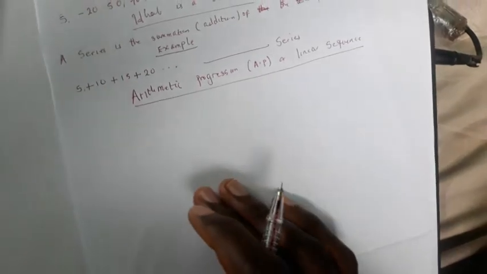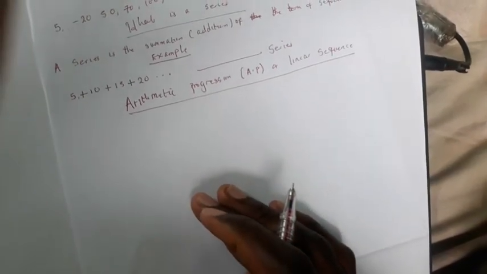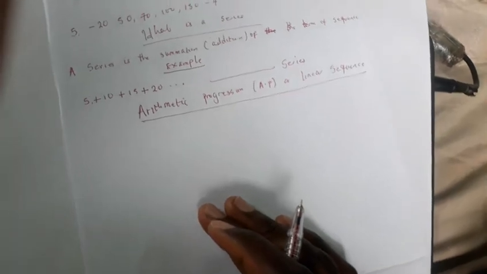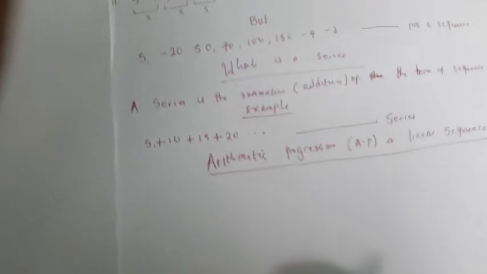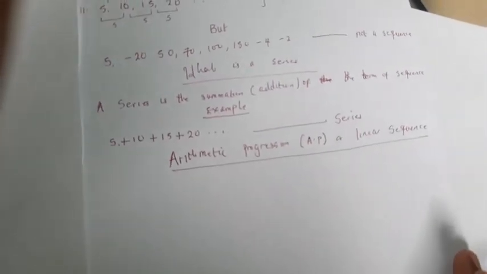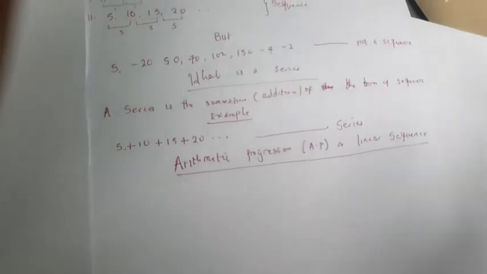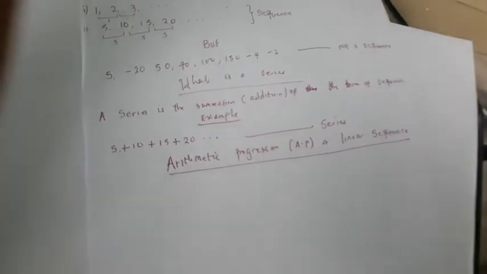What do you mean by arithmetic progression? Let us define it. An arithmetic progression, AP, is a form of sequence in which each term is gotten by the addition of a common difference to the preceding one.